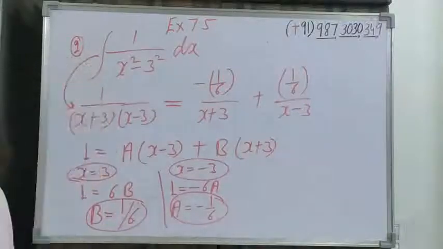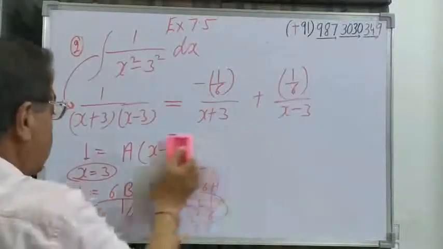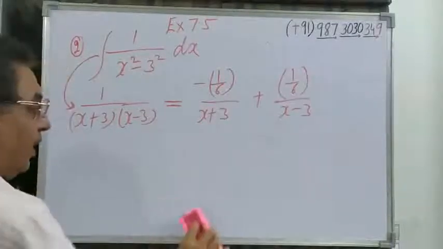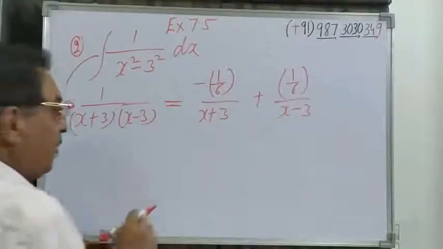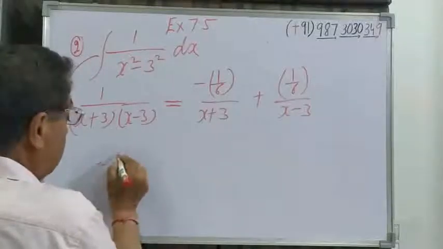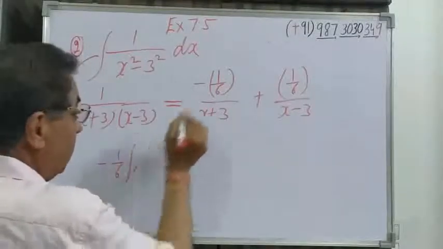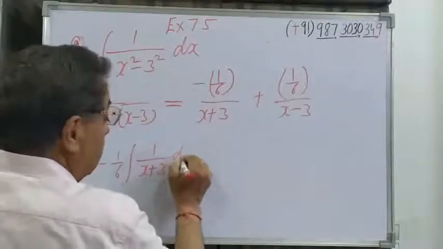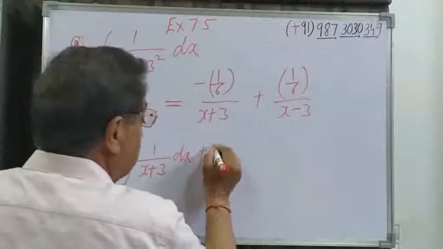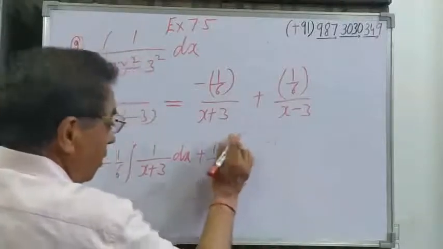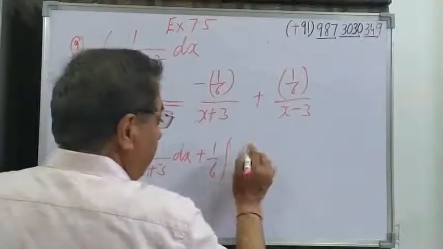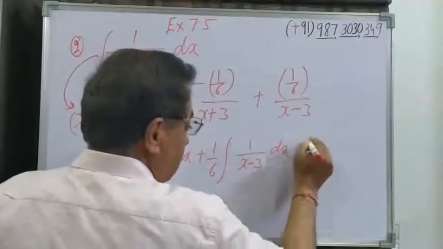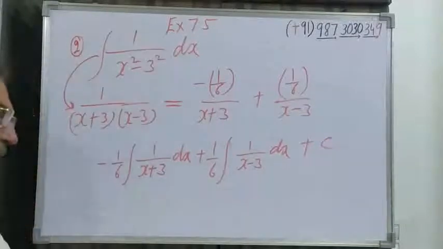So the original question number 2 of 7.5 becomes minus 1 by 6 integration of 1 upon x plus 3 dx, plus 1 by 6 integration of 1 upon x minus 3 with respect to dx, plus constant of integration.